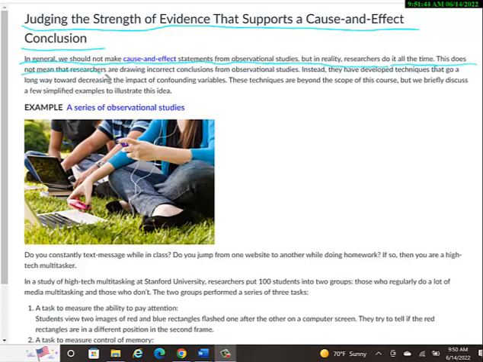This does not mean that researchers are drawing incorrect conclusions from observational studies. Instead, they've developed techniques that go a long way toward decreasing the impact of confounding variables.